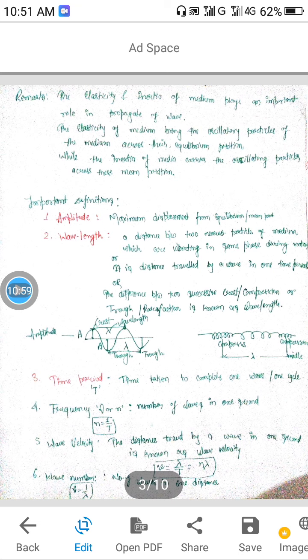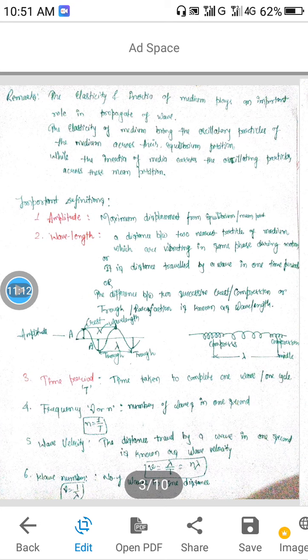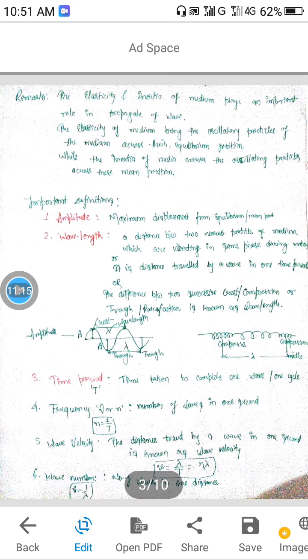A distance between two nearest particles of the medium which are vibrating in the same phase, or the distance traveled by a wave in one time period, or the distance between two successive crests or two successive troughs, two successive compressions, two successive rarefactions is known as the wavelength.